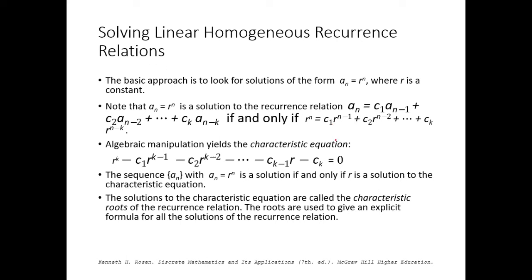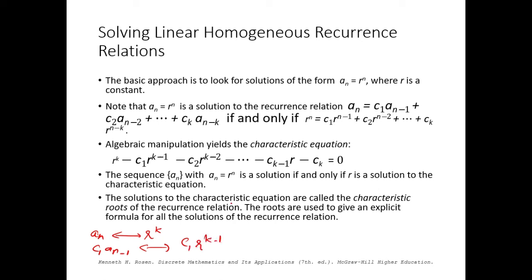Now, every recurrence relation is associated with a characteristic equation, which is represented by r raised to k, and therefore c1 a_(n-1) is represented by c1 r raised to k minus 1.